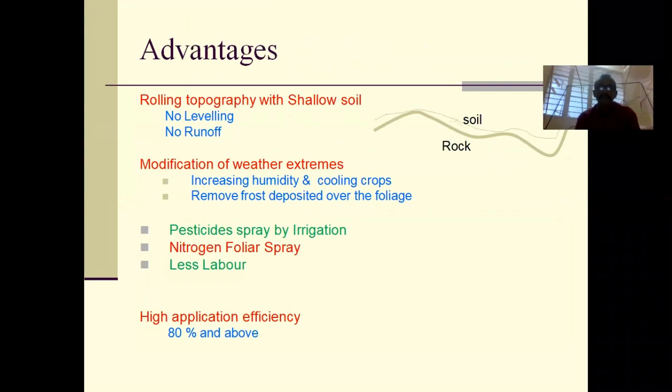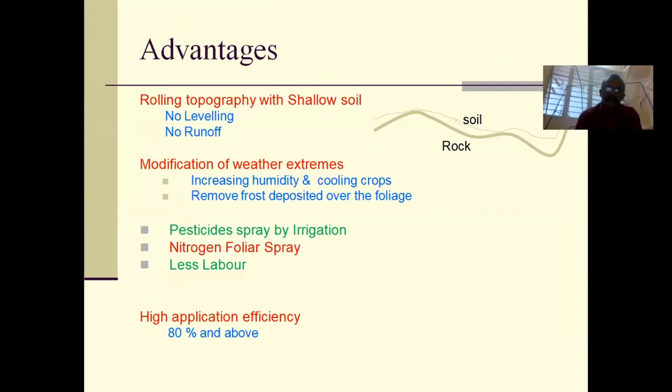Sprinkler irrigation can also be used to spray pesticides. It becomes very easy to spray pesticides. One does not need a sprayer as a separate equipment. Similarly, urea can be sprayed on foliage.